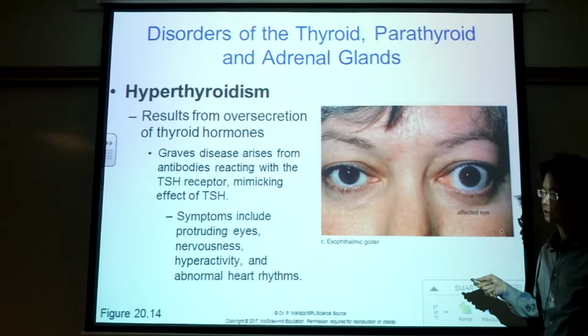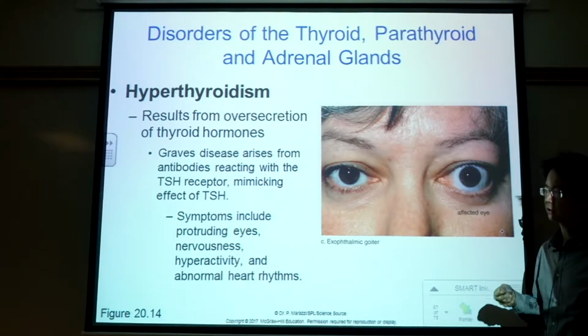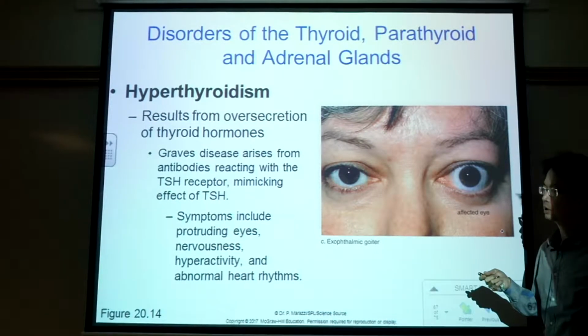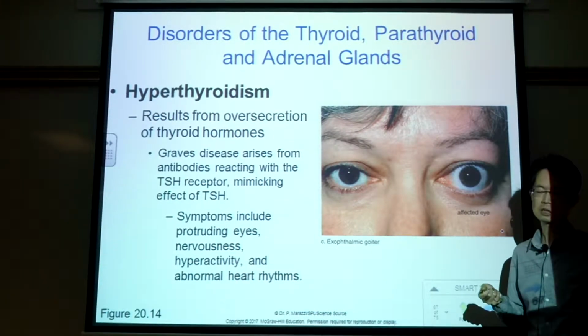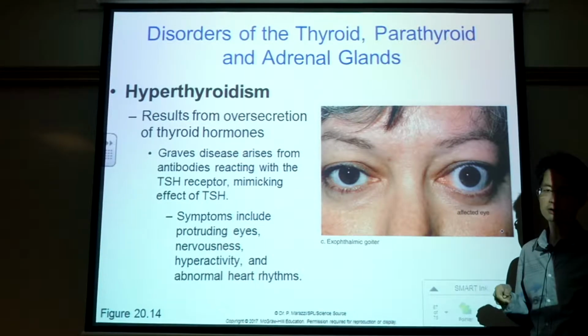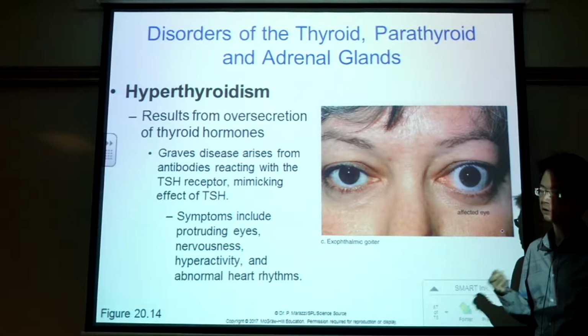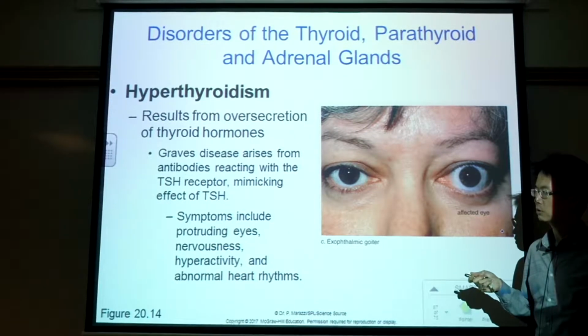Again, the TSH receptor is on the thyroid gland. So in other words, some antibodies bind to the TSH receptor on the thyroid gland and tell the thyroid to make more thyroid hormone, so that you have excess thyroid hormone.